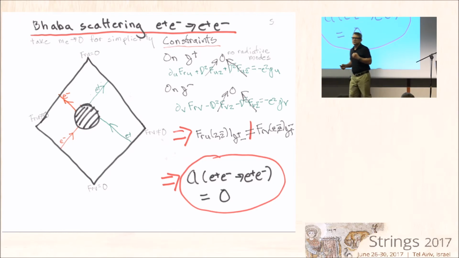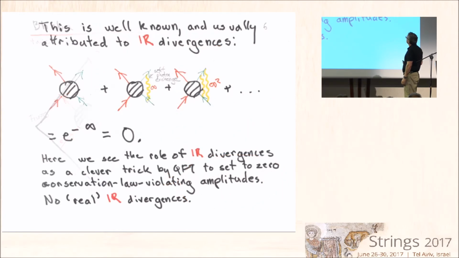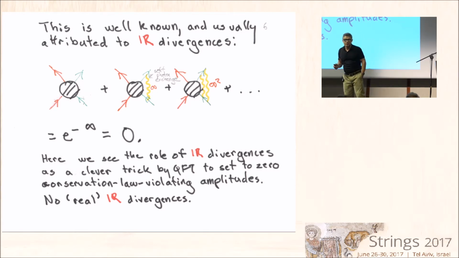Therefore, this scattering process is exactly 0. So the amplitude for Bhabha scattering is exactly 0. This is well known, and it's usually derived in a somewhat more complicated way. It took many decades to sort this out carefully.